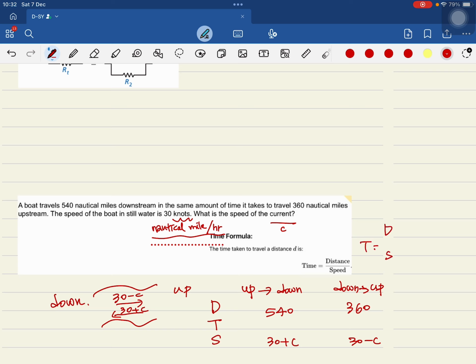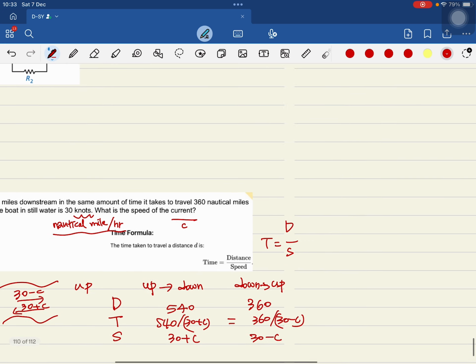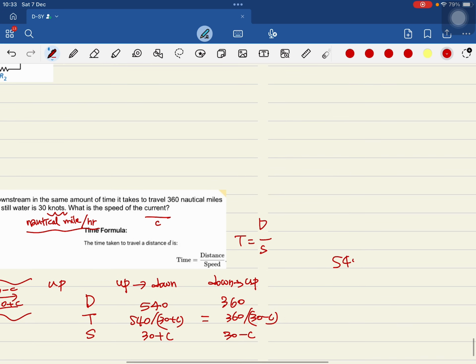Time is distance over speed. So 540 over 30 plus C, and 360 over 30 minus C should be the same, because it takes the same amount of time. So 540 over 30 plus C equals 360 over 30 minus C.